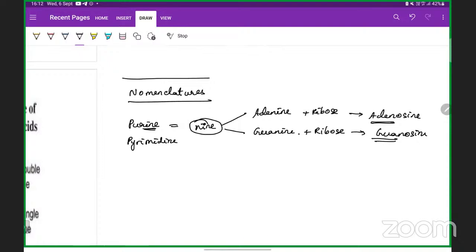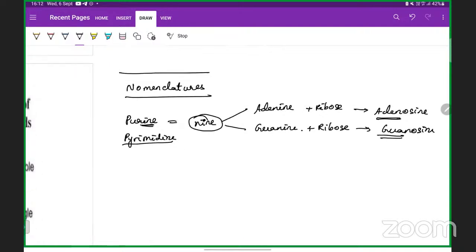Now, next one is going to be your pyrimidine. So what is pyrimidine? Pyrimidine is everything that is going to end with DINE. Both the pyrimidines which we are going to discuss end with DINE. There are two important ones: one is your cytosine and the other is your uracil.